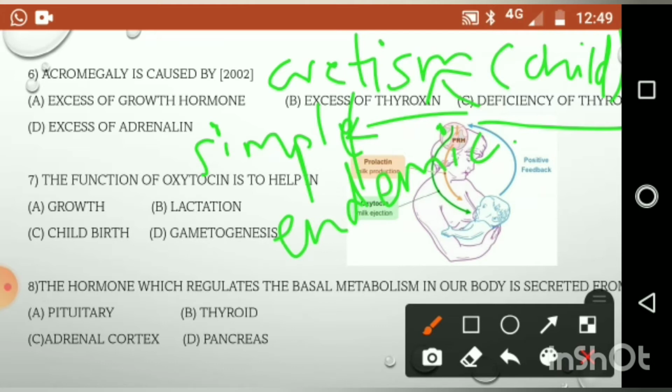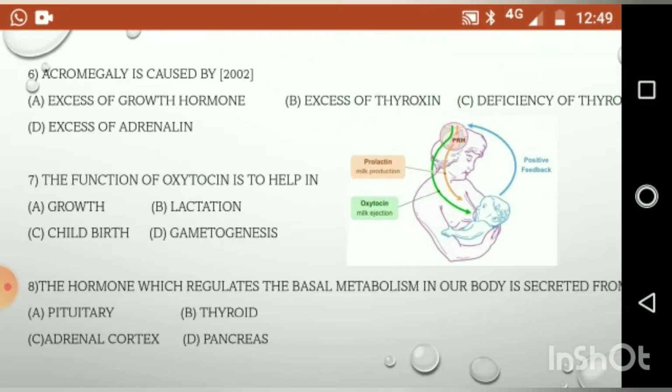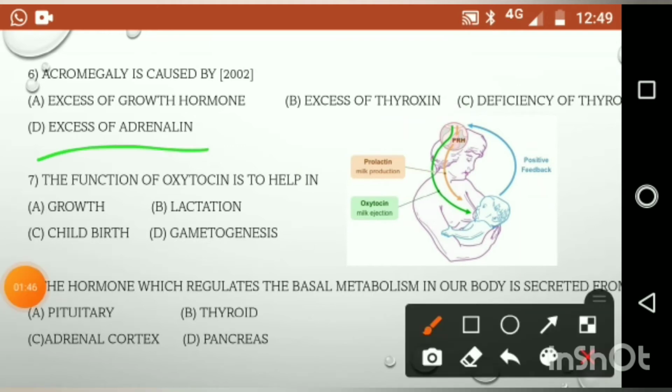Like you will see very few people in the coastal region who will be getting deficiency of thyroxine, that is basically simple goiter or endemic goiter. Okay. And excess of adrenaline will give you the adrenaline rush, which will help you to fight whatever is coming for you.